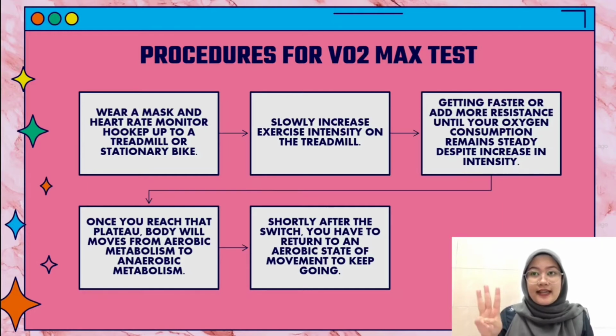The third step is getting faster or adding more resistance until your oxygen consumption remains steady despite the increase in intensity. Number 4, once the subject is tired, the body moves from aerobic metabolism to anaerobic metabolism. And the last step, shortly after the switch, the subject has to return to an aerobic state of movement to keep going.